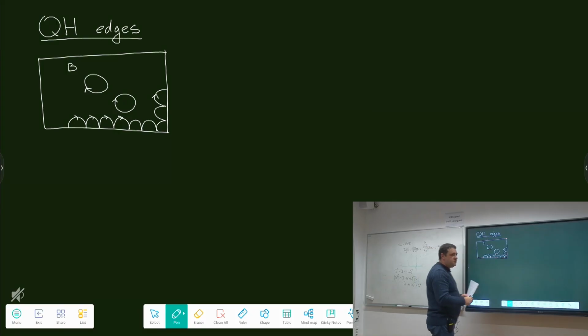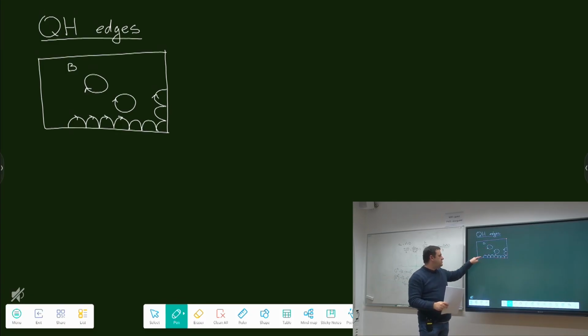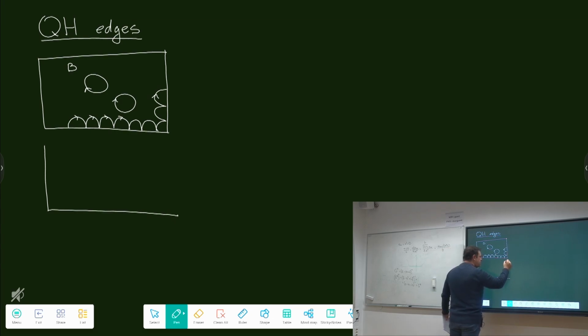So this is called a skipping orbit. It's like the same cyclotron trajectory, but near the edge of the sample.